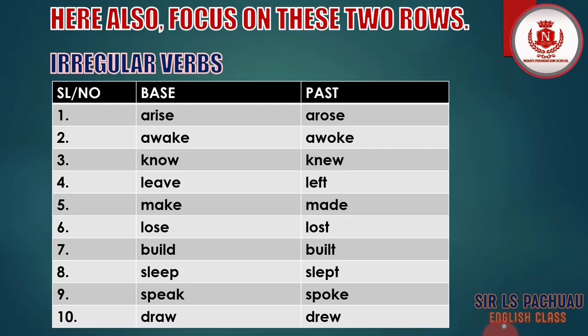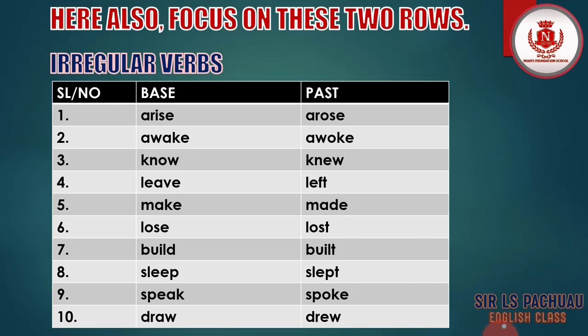But the regular verb, the base form will turn into a word that ends with an ed. Now we are in irregular verbs, so the base form will turn into not ed anymore, but arise here, arose.